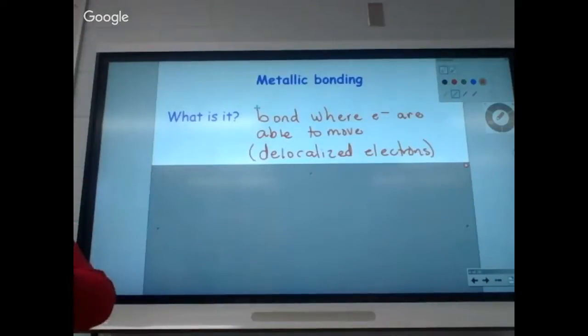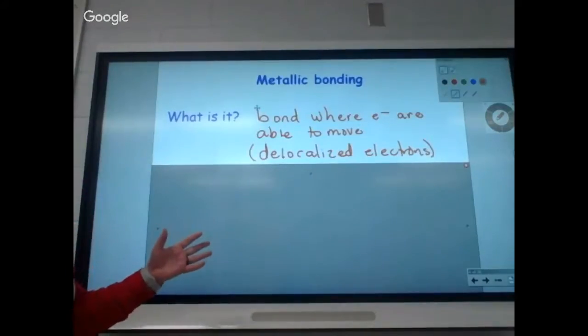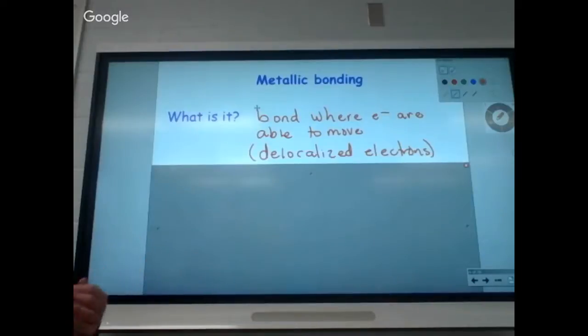So the electrons can flow through the copper wire to carry electricity through your house this Christmas season so that over the break you have heat, you have electricity to turn the lights on, you're able to cook whatever meals you want, and hopefully have a very pleasant experience for the next week and a half, okay? Without those electrons being able to move, would you be able to have electricity? No, okay?